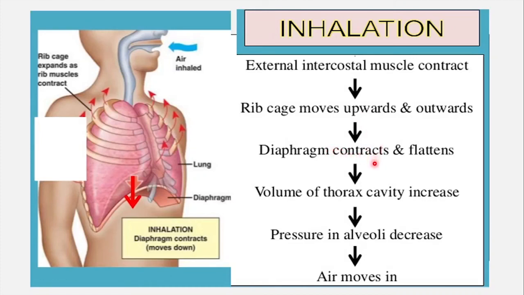As a result, the thoracic volume increases in the antero-posterior axis. The overall increase of the thoracic volume causes the increase of the pulmonary volume. When the pulmonary volume increases, the intrapulmonary pressure decreases and the air moves into the lungs from the surroundings.